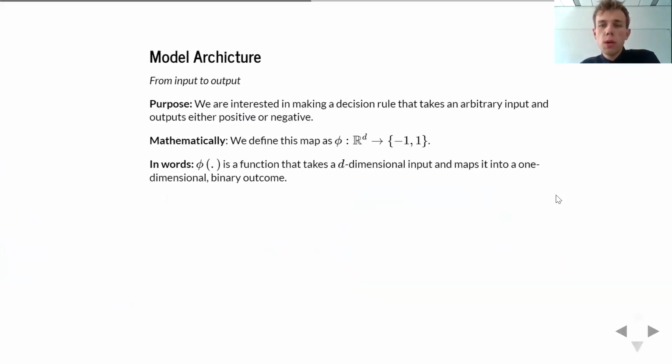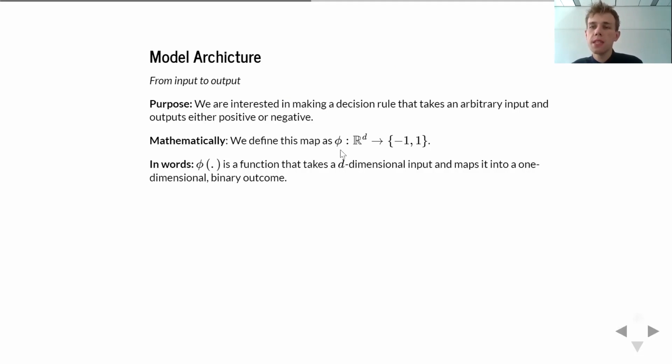Okay, so what is the model architecture of the perceptron model? The purpose of this model is that we're interested in making a decision rule that takes some arbitrary input and outputs either something positive or negative. That's a positive classification or a negative classification. Mathematically, we can define this as a map. This is phi, a function.